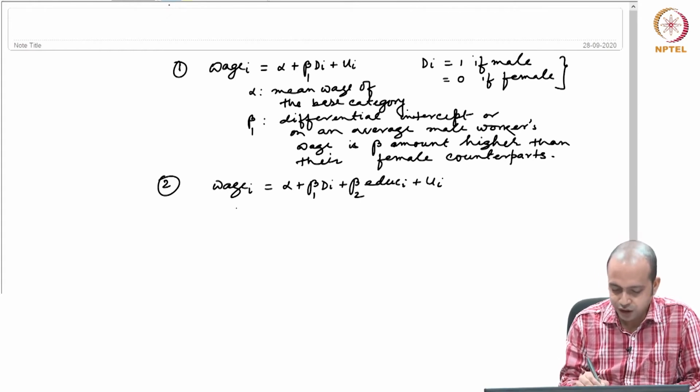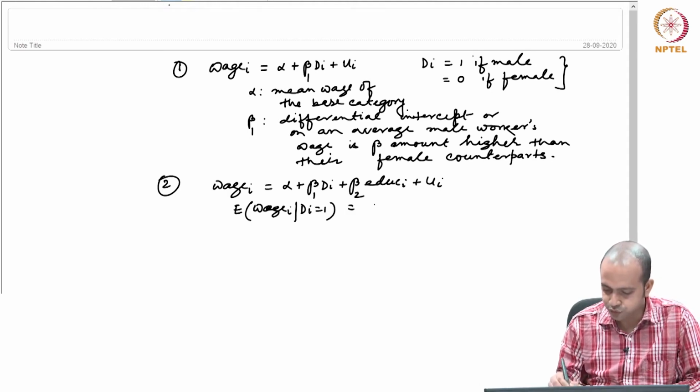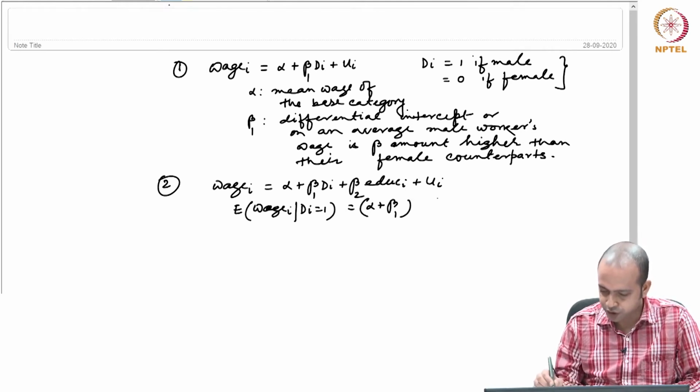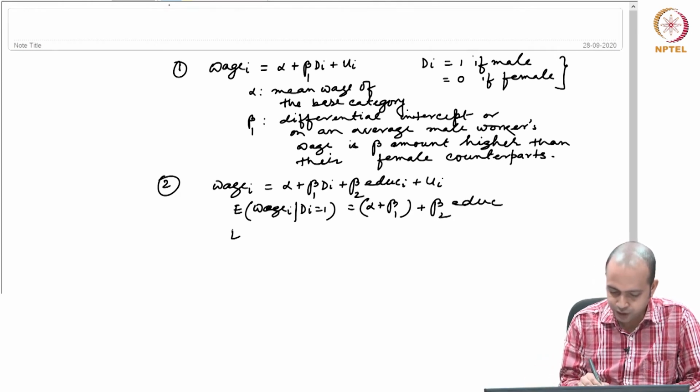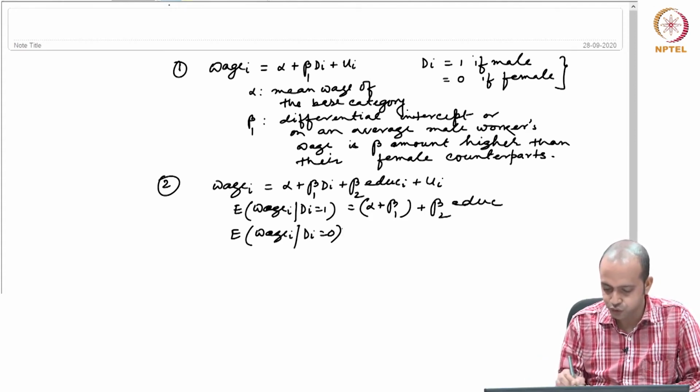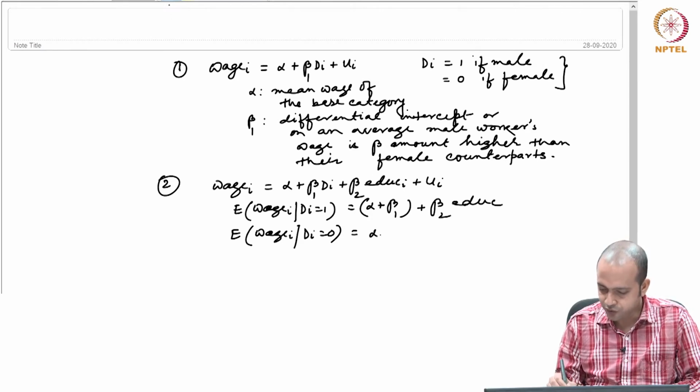So, in this model, quickly if you take expectation of wage i given di equals 1, this would become alpha plus beta 1 plus beta 2 education, and if you take expectation of wage i given di equals 0, you will get alpha plus beta 2 education.